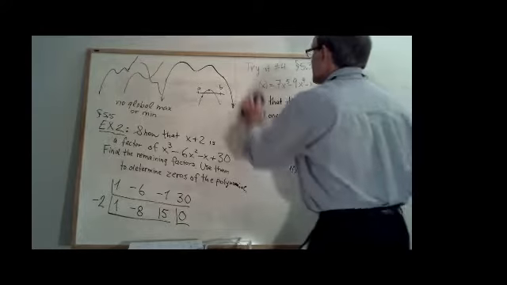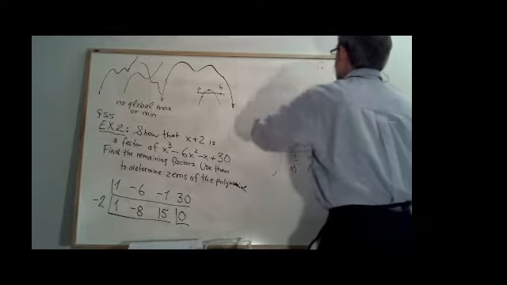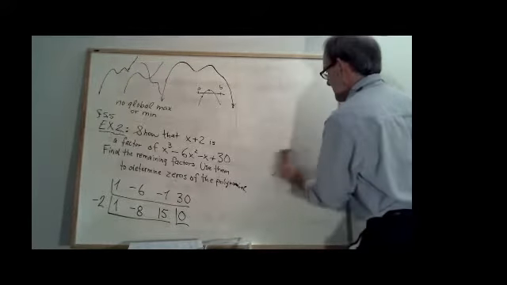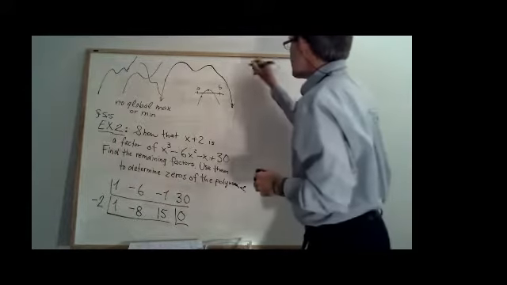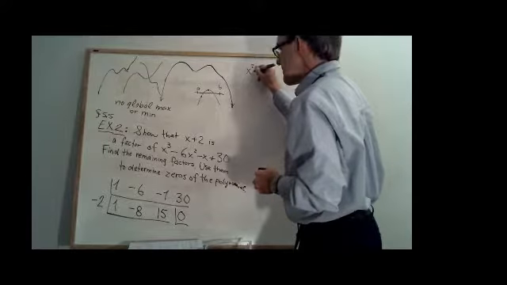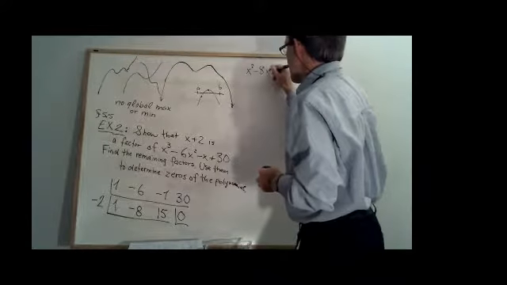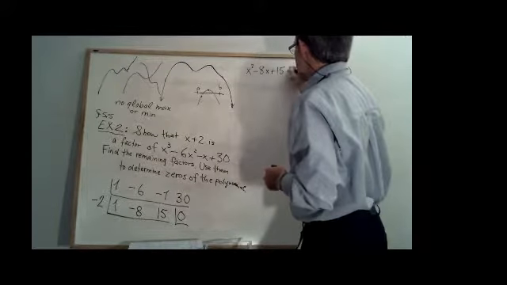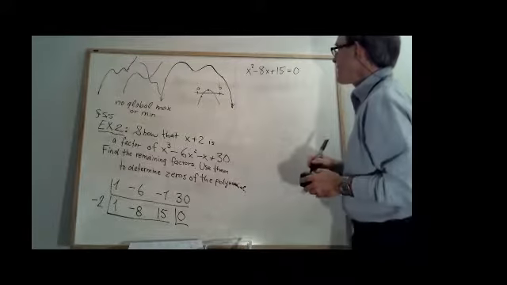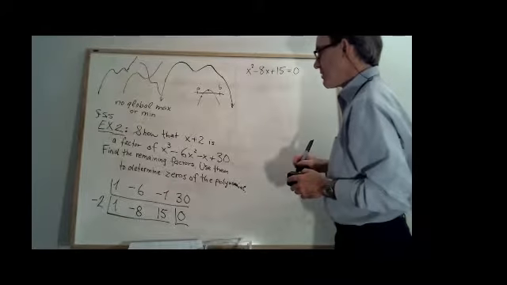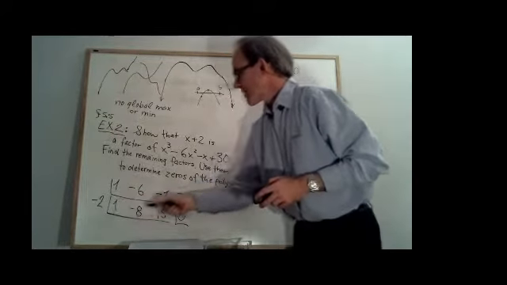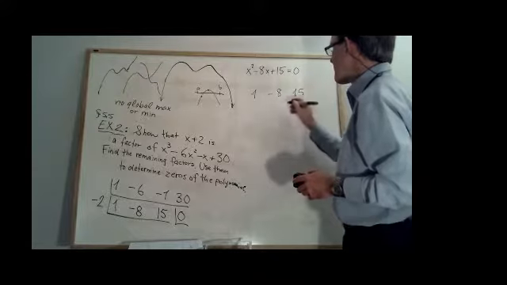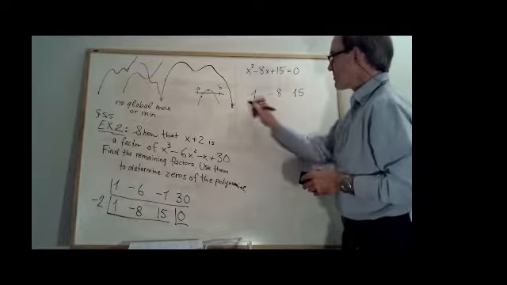Okay, so you can start anew. You can write it down and factor this in the usual way, or you can use this row to go ahead one more time and guess a root.